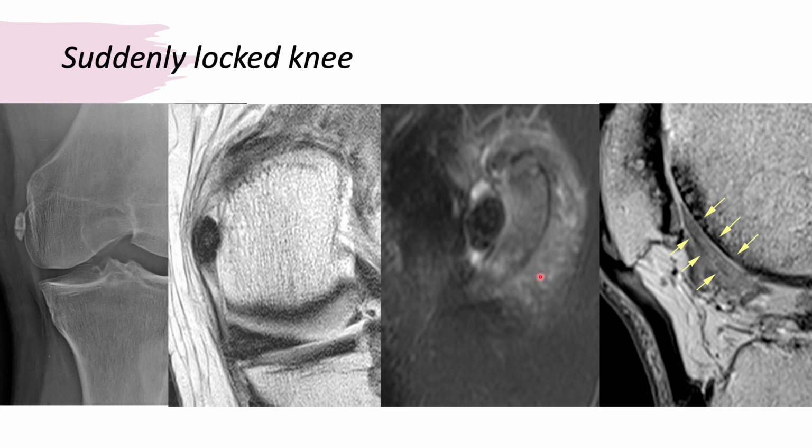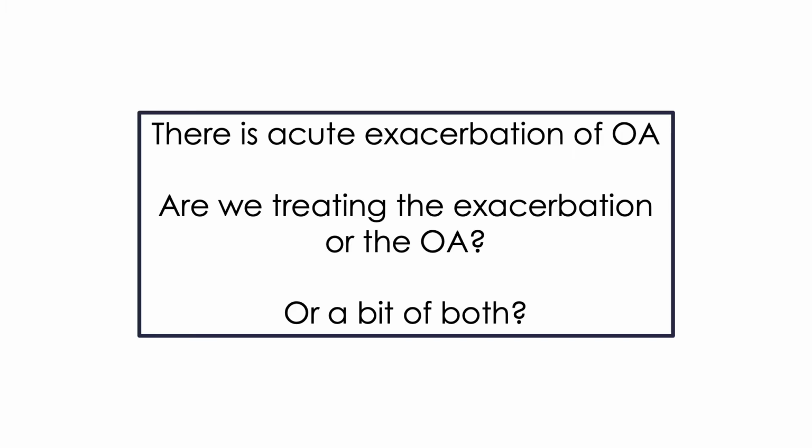But when he went to arthroscopy, we found that it was actually delaminating cartilage from the trochlea that was the cause of the locked knee. So there is acute exacerbation of osteoarthritis. We want to know if we are treating the exacerbation or the osteoarthritis, or we are treating a bit of both.